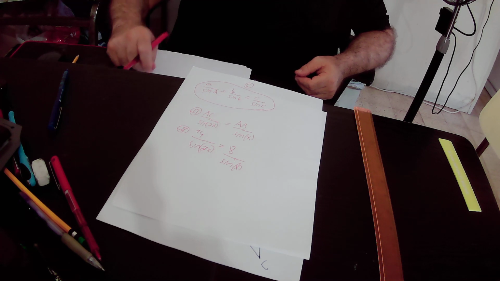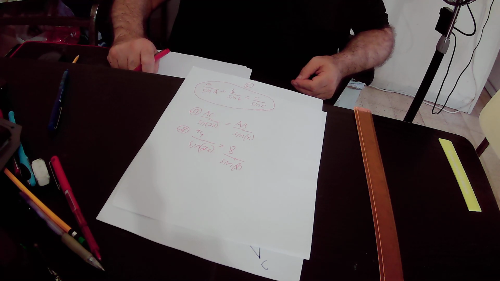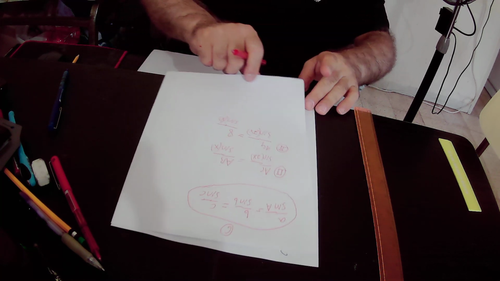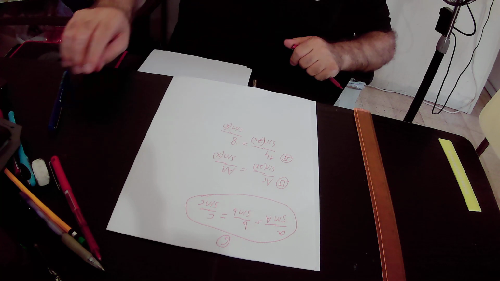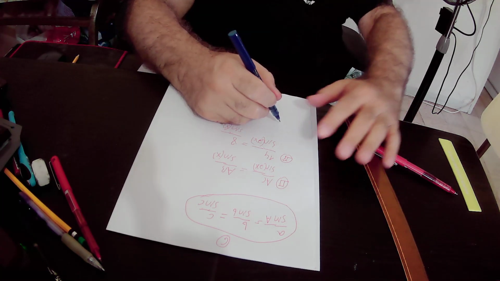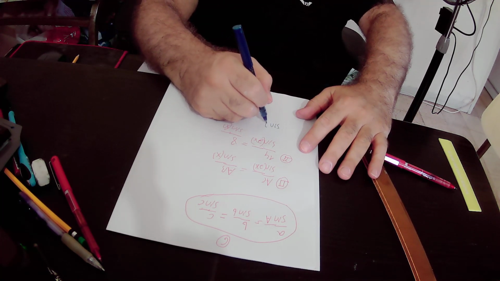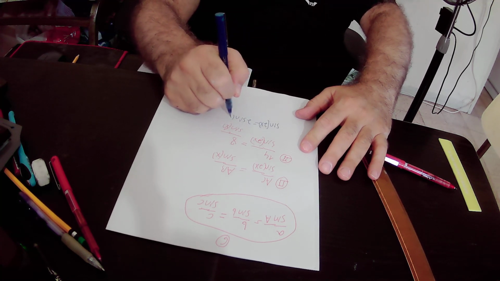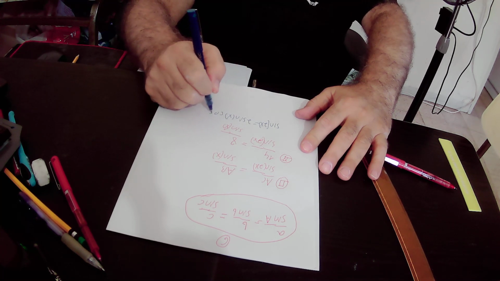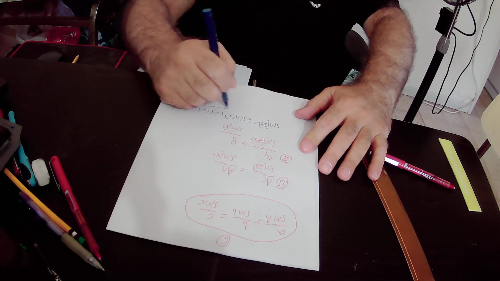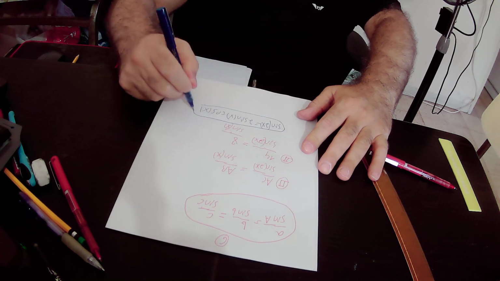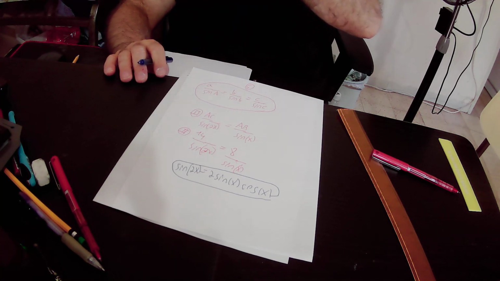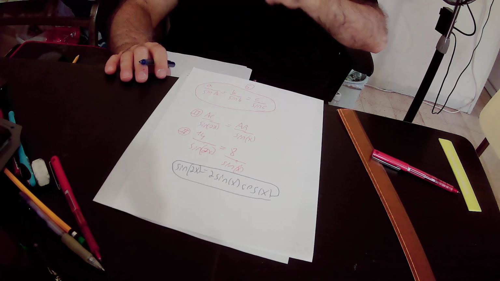So what is the value of sine 2x? We have a trigonometric identity. The value of sine 2x equals 2 sine x times cosine x. Again, sine 2x equals 2 sine x times cosine x.